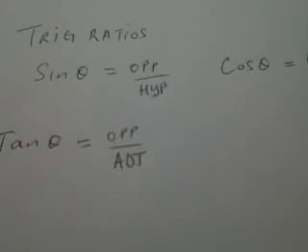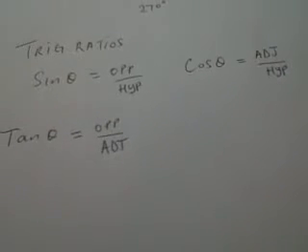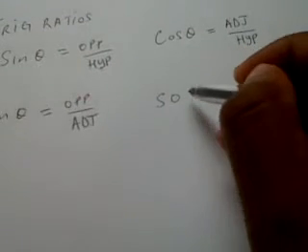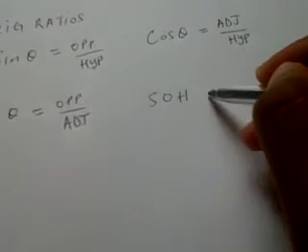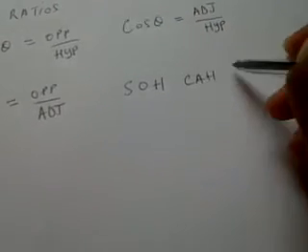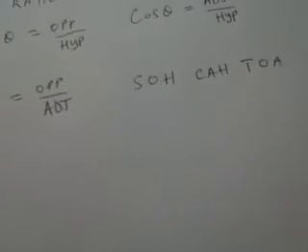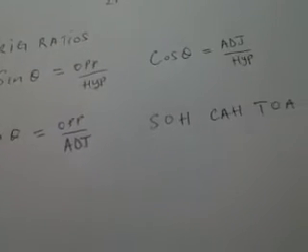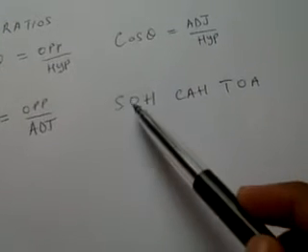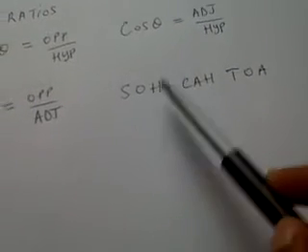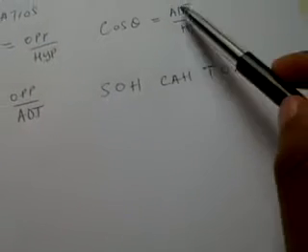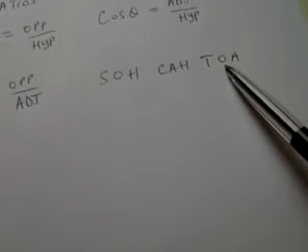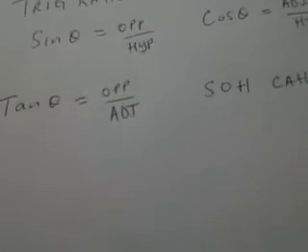With these trig ratios, there is a very nice and simple way to remember them, and that is called SOHCAHTOA. For sine, it's opposite over hypotenuse. For cos, it's adjacent over hypotenuse. And for tan, it's opposite over adjacent.